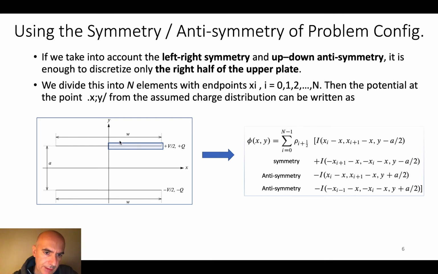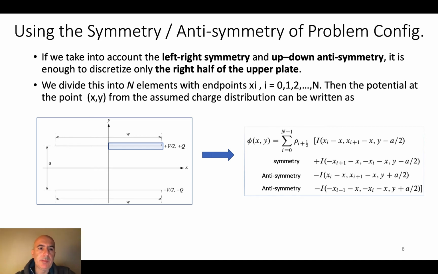So we're going to take this part here, then we're going to discretize, right? And then we're going to assume that we have this left-right symmetry and up-down anti-symmetry that will result in additional terms. So we divide this part of the domain into n elements with n+1 points x_i, with i going from 0 to n, where n is the number of elements.